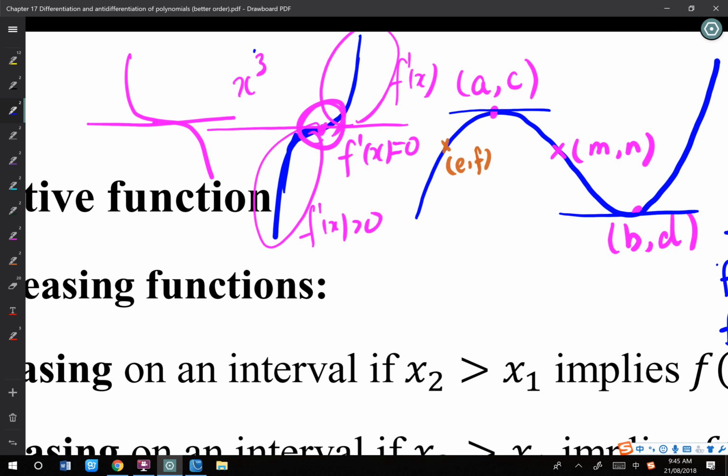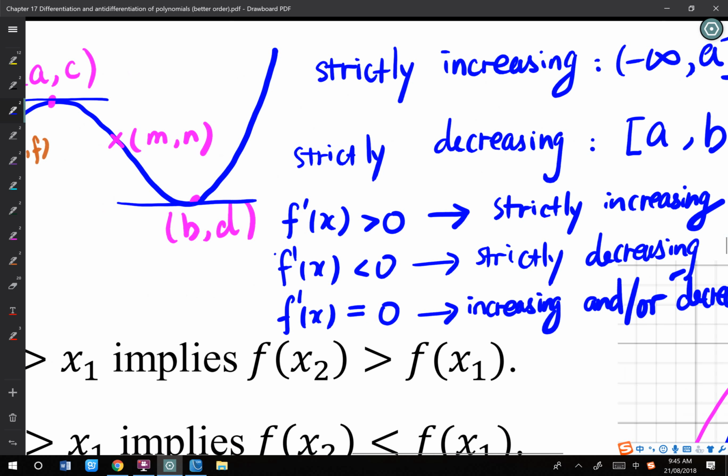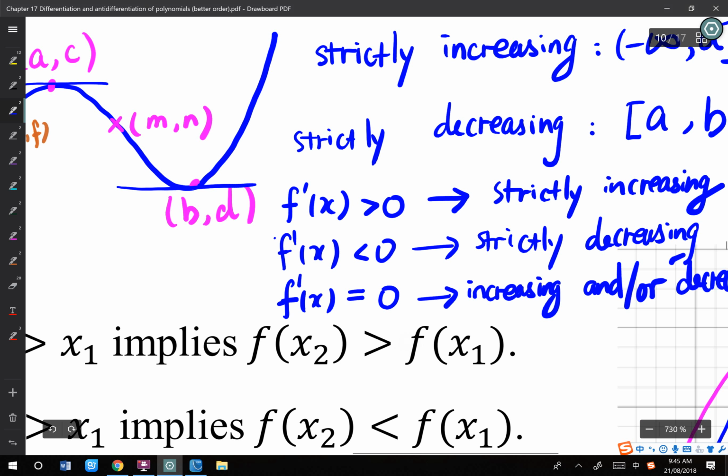It can be increasing or decreasing, or it can be both increasing and decreasing on the same function. So f dash x equals to 0 cannot tell us anything. You need a graph to test about that. You cannot see that directly.